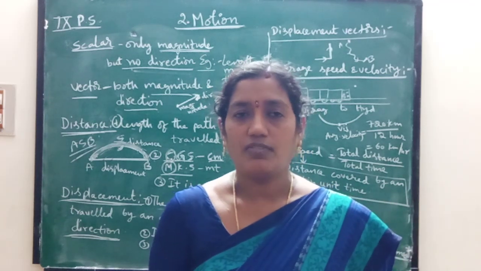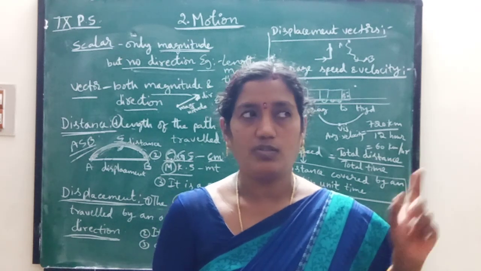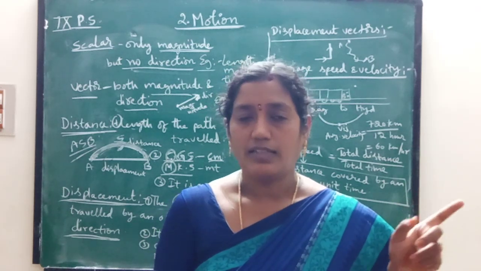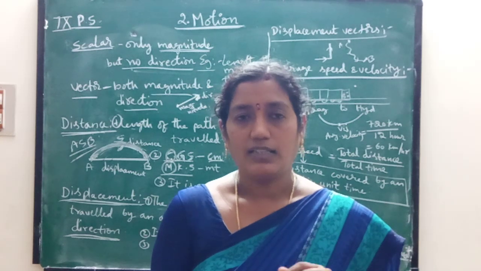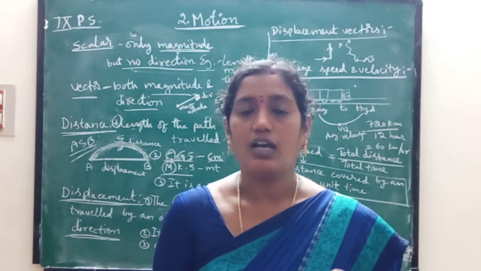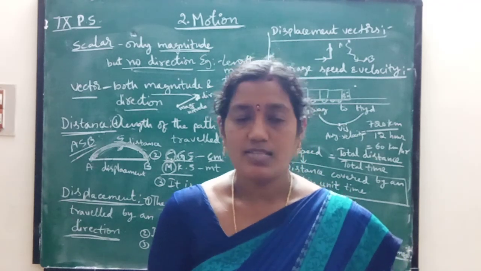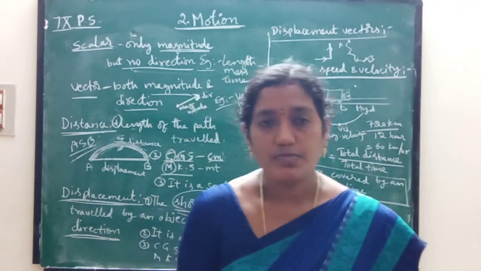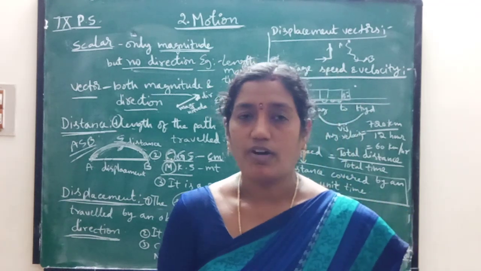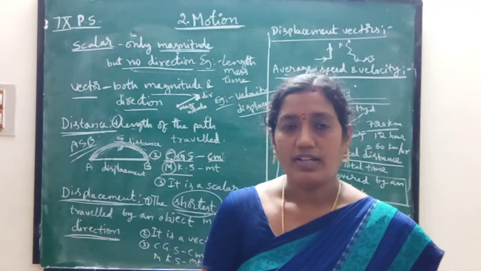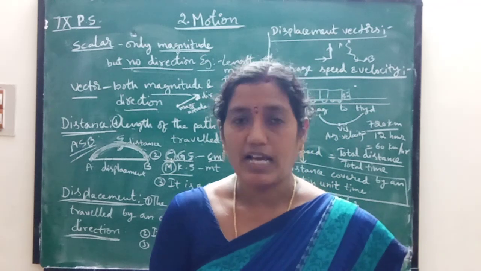If I give you a particular direction, okay children, you have to go straight like this, take the turn, come here, like that, then that is known as displacement. So displacement is a vector quantity because I am giving you the direction.